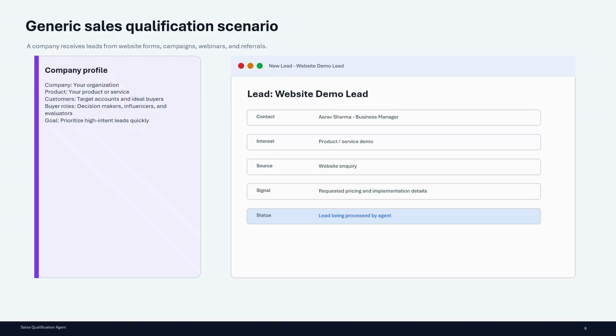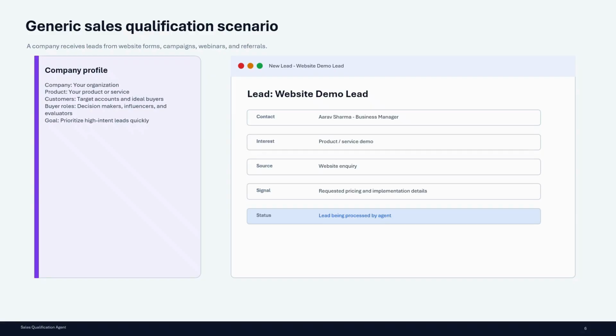Now let us take a generic example that can apply to almost any business. A company receives leads from website forms, campaigns, webinars, and referrals. One new lead is a website demo lead. The contact is a business manager. The interest is a product or service demo, and the source is a website inquiry.